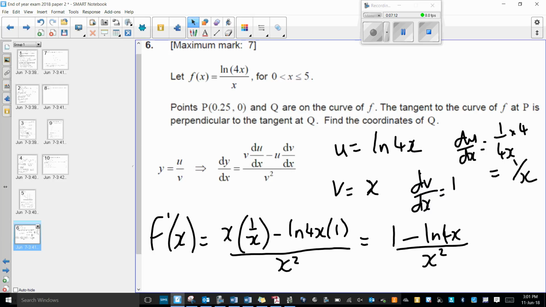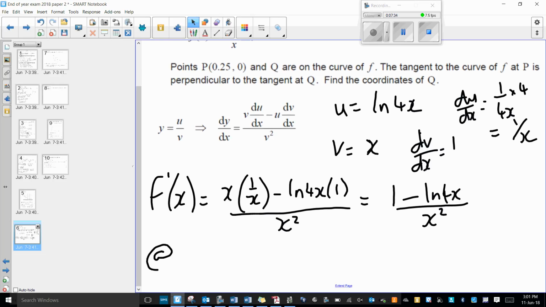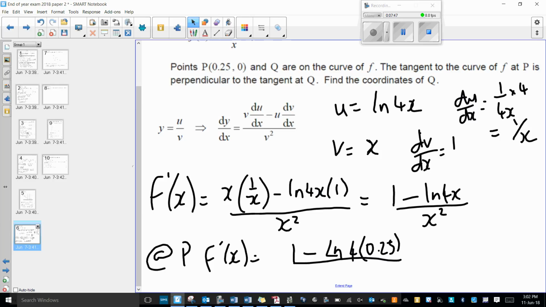Okay, so we know that the tangent of f at P is perpendicular to the tangent at Q. At P we're going to find the gradient because we're going to stick the x value in now. So it's 1 subtract ln of 4 lots of 0.25, over 0.25 squared, so 1 subtract ln 1 over 0.25 squared.